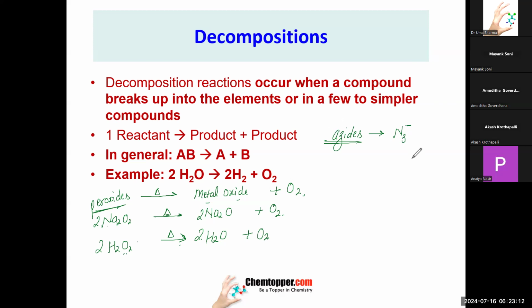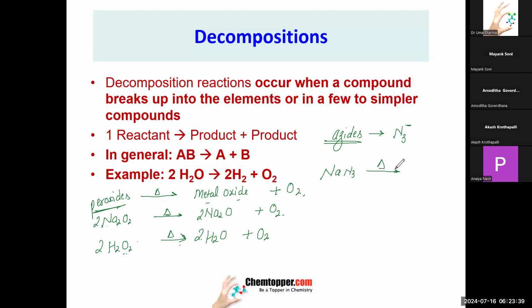We did one question in the ideal gas laws about car bags, that during an accident in the car bag there is sodium azide. So under the impact of force and heat, sodium azide will undergo decomposition on heating.